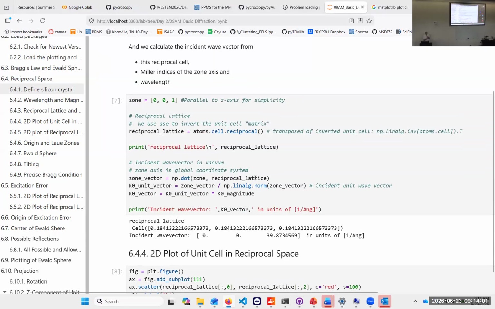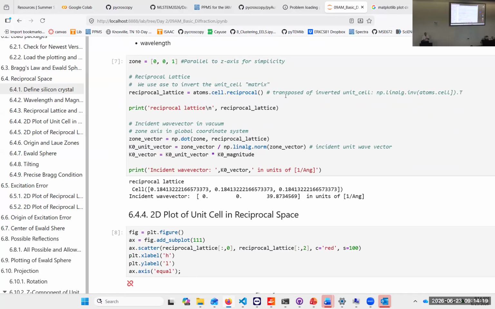The Miller indices are just how you are defined on the basis of the unit cell, so that unit cell is our coordinate system, and the Miller indices are how far you go in one direction or the other. A unit cell, just as a reminder, the stack of all the unit cells has to fill the space completely, so there cannot be any gaps.